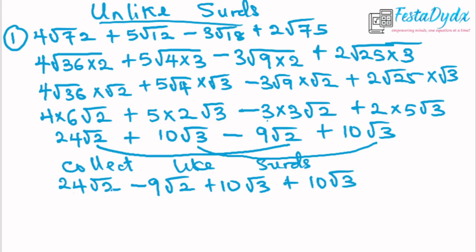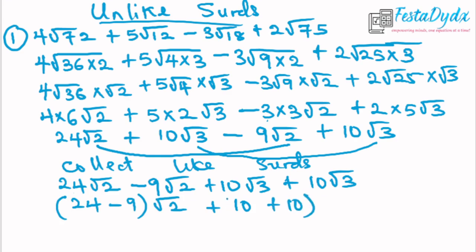So 24 root 2 minus 9 root 2, that is 24 minus 9. Then we're going to put it in a bracket, then our root 2 plus 10 plus 10 in a bracket, then our root 3. So 24 minus 9 gives us 15 root 2 plus 10 plus 10 gives us 20 root 3.